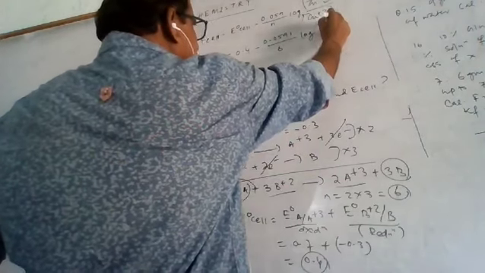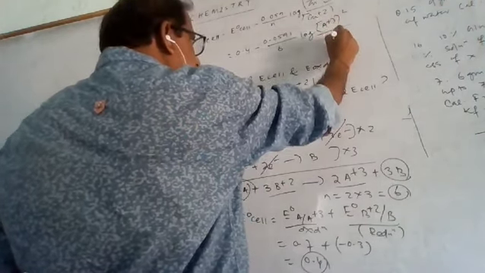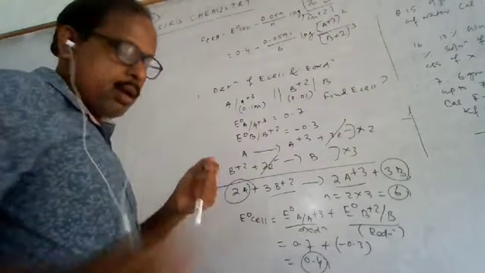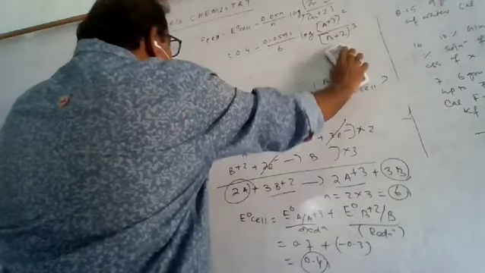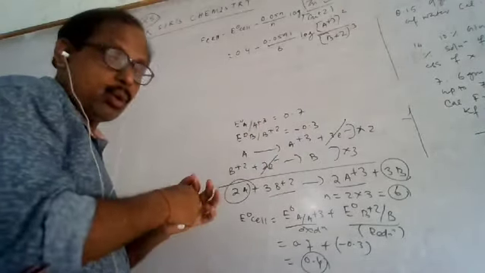That is the Al+3 concentration to the power 2, and here it is the B+2 concentration to the power 3. That concentration is given in the question.